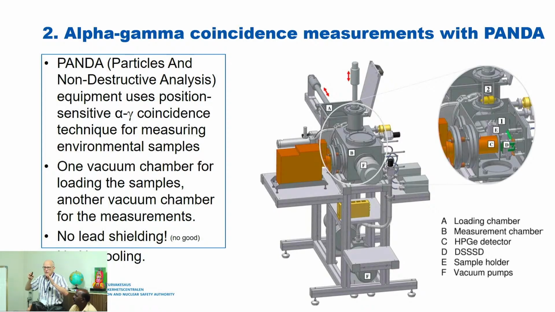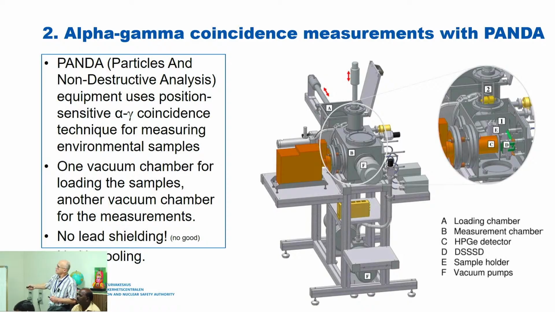You know that if you are using the alpha method, then you usually have to destroy your sample by radiochemical means. But we don't want to do that. We don't want to destroy samples. So, this equipment uses position-sensitive alpha-gamma coincidence techniques for measuring environmental samples.